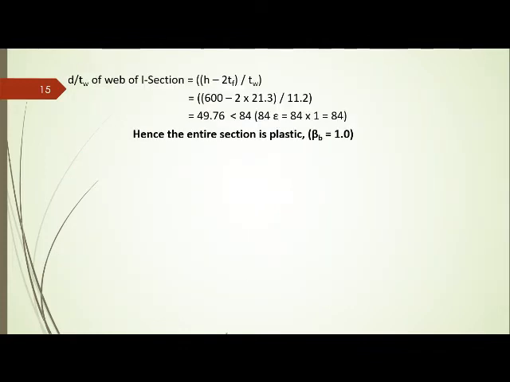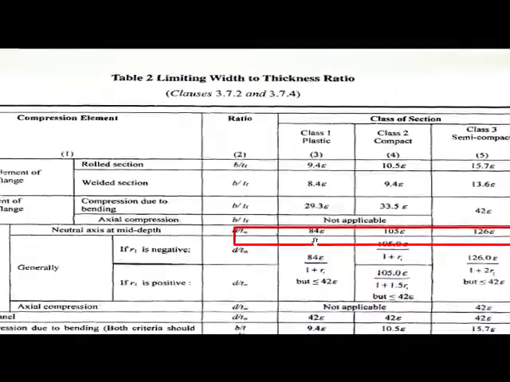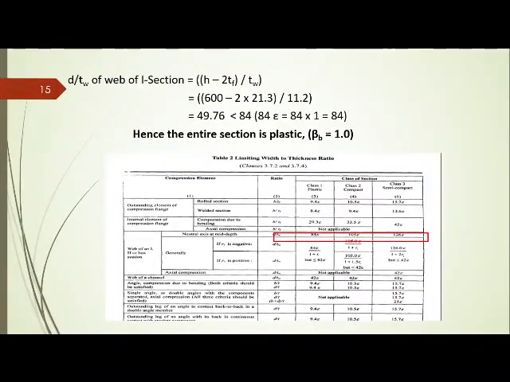Let us come to the check for web portion, and here we will see the web portion should come less than 8.4 for the case, and here we are getting it as 49.6. How have we checked? Small d is the depth of the web, which is the overall depth 600 minus 2 into flange thickness, divided by the thickness of the web.